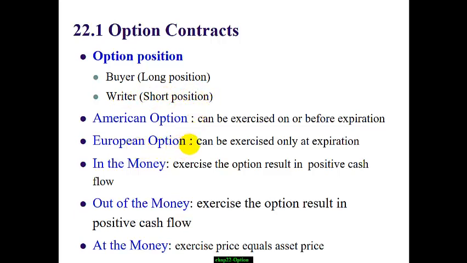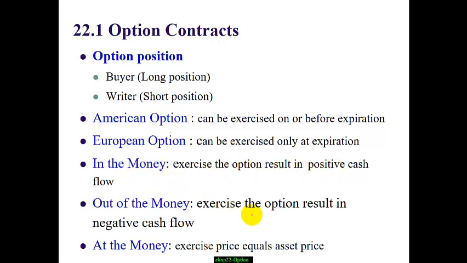A European option is more strict. It can only be exercised at the expiration date. While an American option gives more flexibility, you can exercise the option on or before the expiration date. When exercising the option today results in positive cash flow, we call the option in the money.